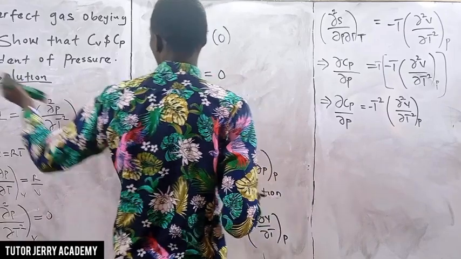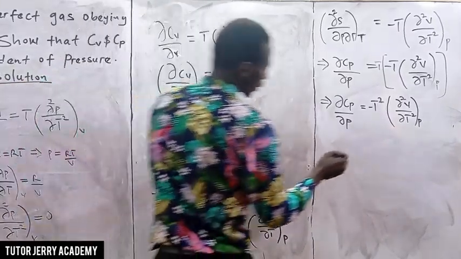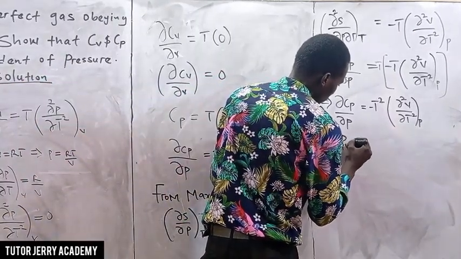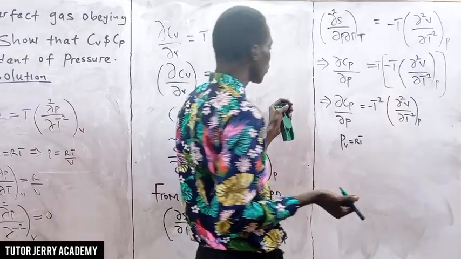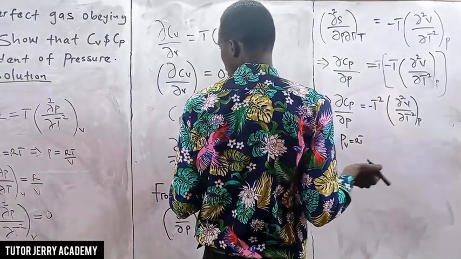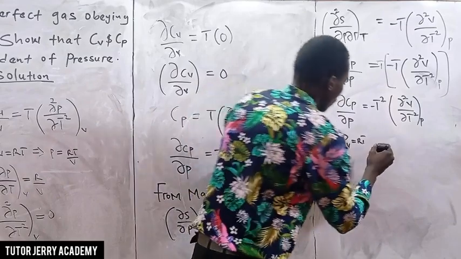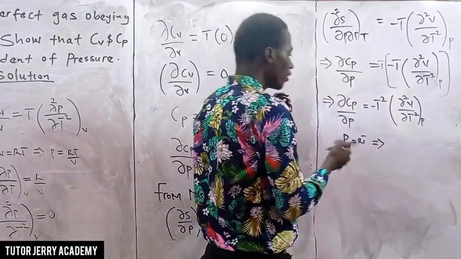From our PV relation, we know that PV is equal to RT. If PV is equal to RT, we can make V the subject of this relation.